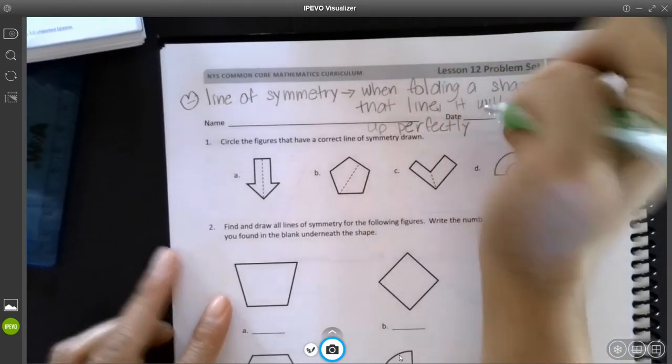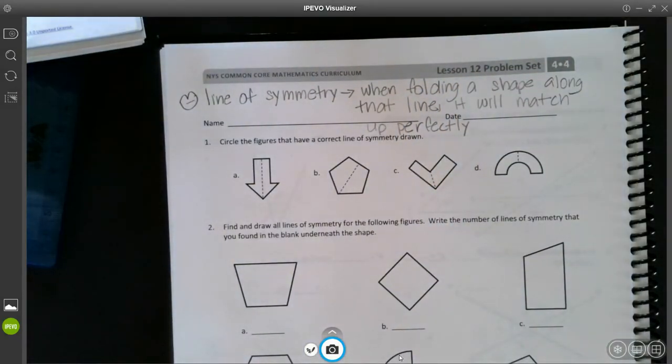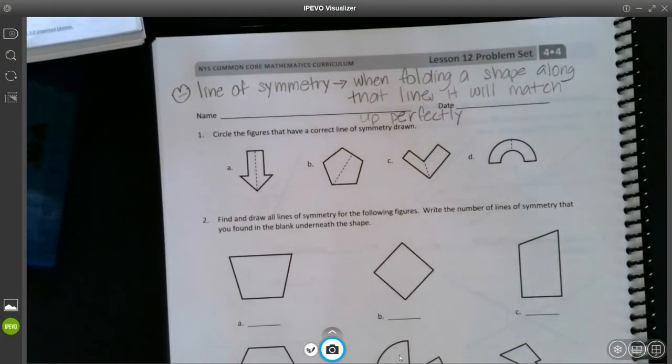So right now these are pictures so that you can't actually fold them, but you're going to imagine folding them. Another way to look at it is if both sides are exactly the same, identical on both sides of the line.